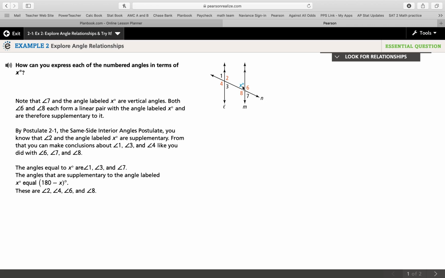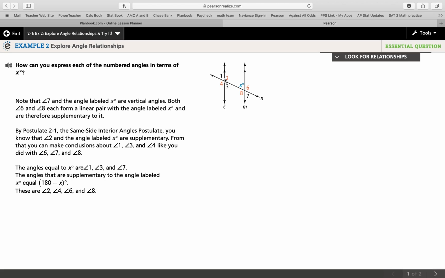Both angle 6 and angle 8 form a linear pair with angle x, which means that they are supplementary. Remember our linear pair theorem. According to our same side interior, angle x and angle 2 are also supplementary because they are same side interior angles between two parallel lines cut by a transversal.